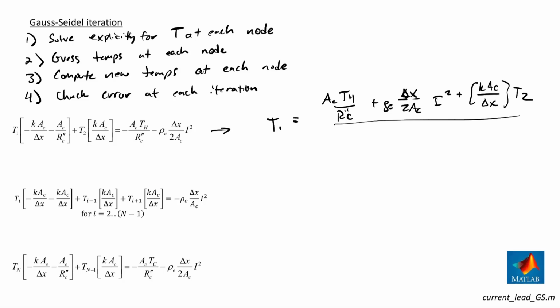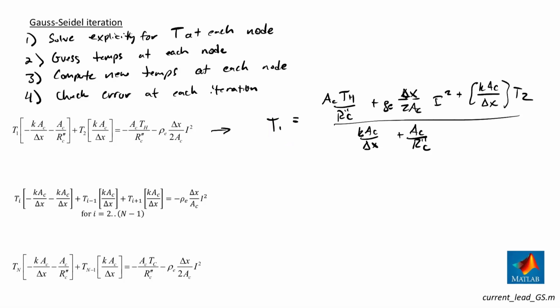And all that divided by what was multiplying T1, which is just k Ac over delta x plus Ac over R double prime c. Okay, so we're solving explicitly here for T1.